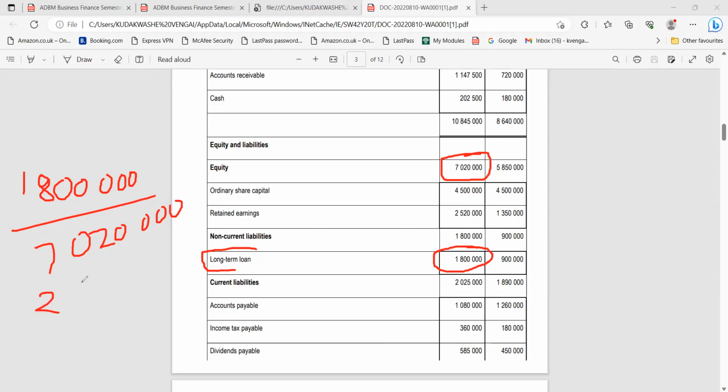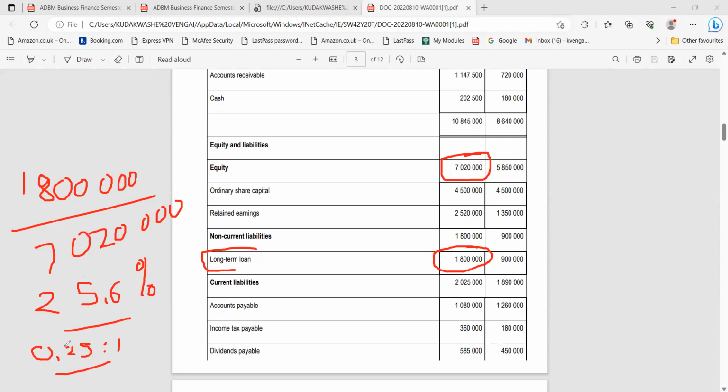So we get 25.6% debt to equity ratio of 25.6%. Or if you want to express it as a ratio, it is 0.25 as to 1.